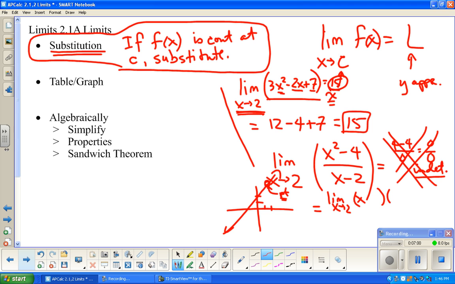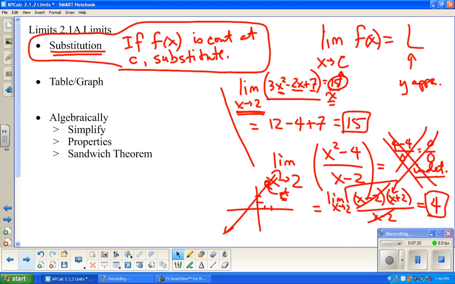I'm going to do a little factoring here. Sorry to use the F word. Note that that divides out. So this limit is now the same limit as if I took 2 and put it in there. 2 plus 2 is 4. So as x is approaching 2, y is approaching 4.